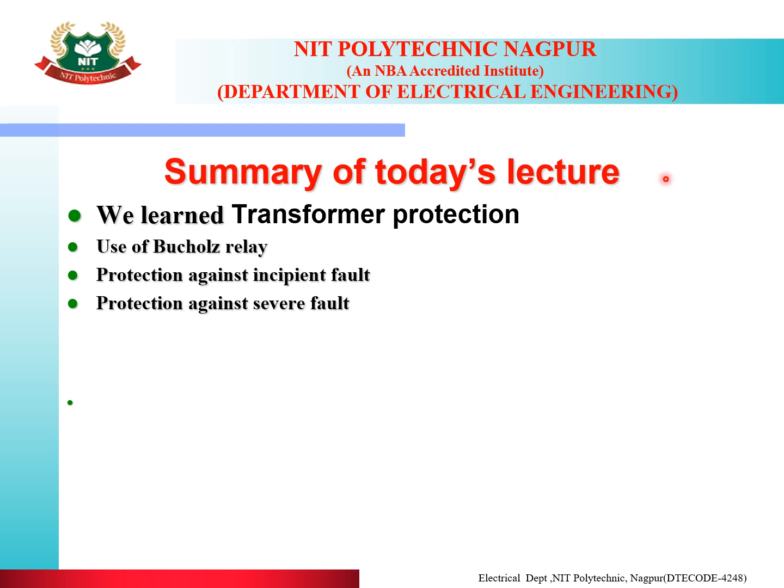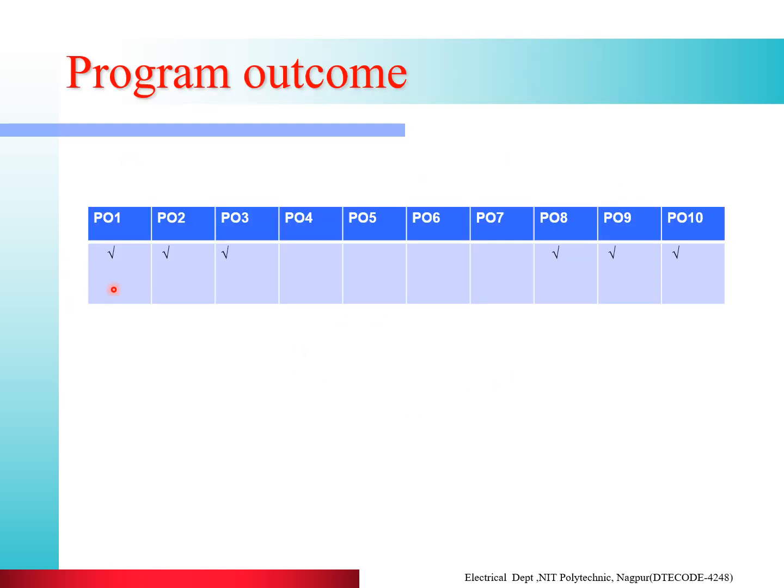So, summary of today's lecture: we learned the transformer protection, where the Buchholz relay is used, connected between the main tank and the conservator tank. Secondly, this Buchholz relay is used for protection against incipient fault and protection against severe fault.